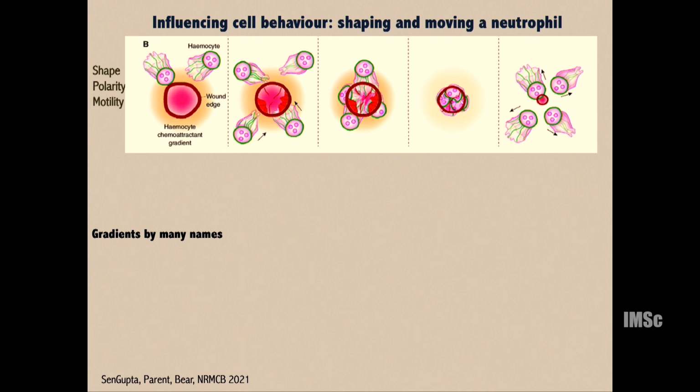What you will see was responsible for that was the fact that these neutrophils, they're called hemocytes, but let's not worry about the name. These neutrophils actually migrated towards the wound as soon or shortly after the wound happened.